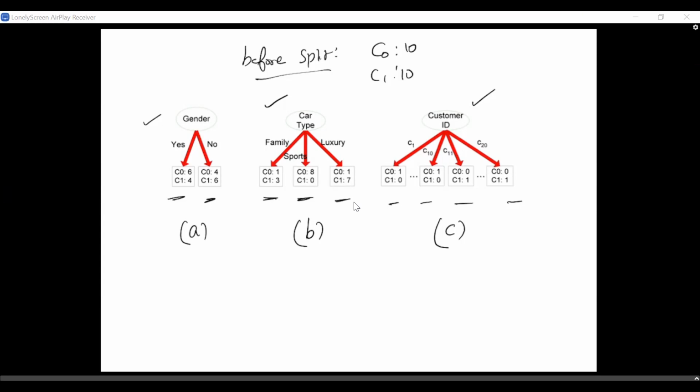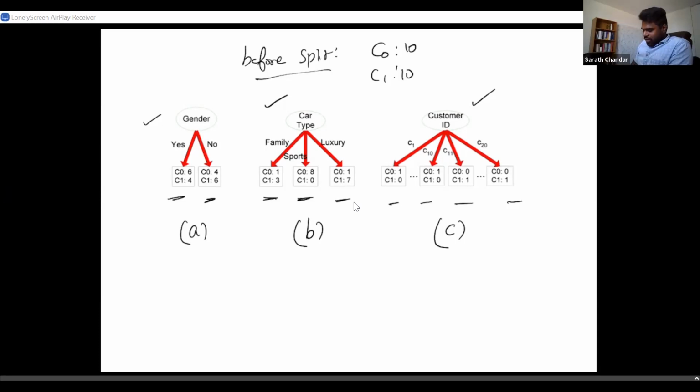So it feels like the leaf is going to be easy. Okay, so in the case of customer ID, it looks like the decision is easy because there is only 1 0 or 0 1.